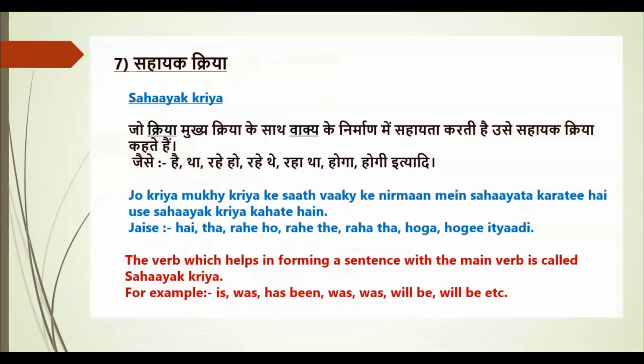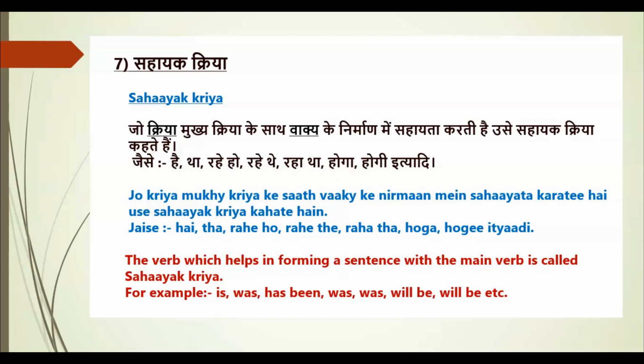Now the seventh type of kriya over here is sahayak kriya. Let's go through the definition of sahayak kriya. जो क्रिया मुख्य क्रिया के साथ वाक्य के निर्माण में सहायता करती है उसे सहायक क्रिया कहते हैं. जैसे है, था, रहे हो, रहे थे, रहा था, होगा, होगी इत्यादि.